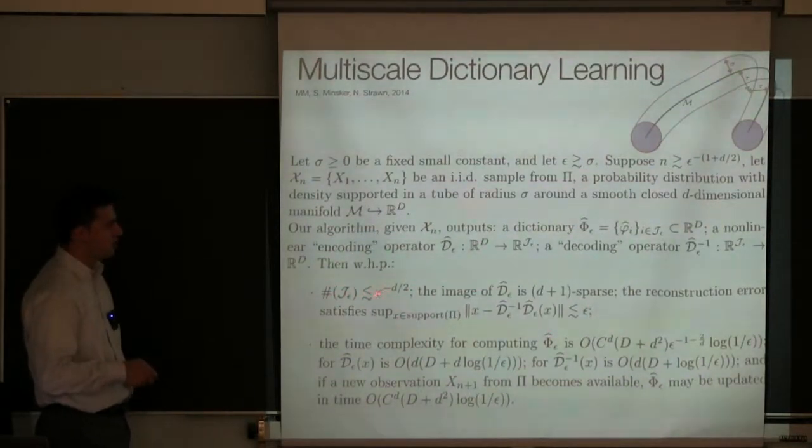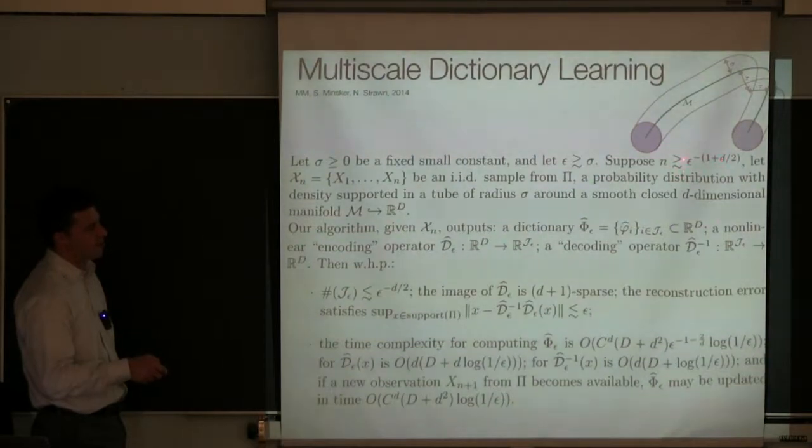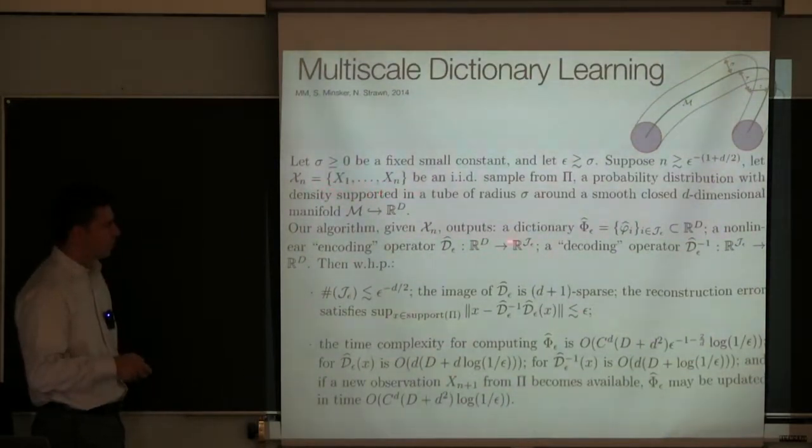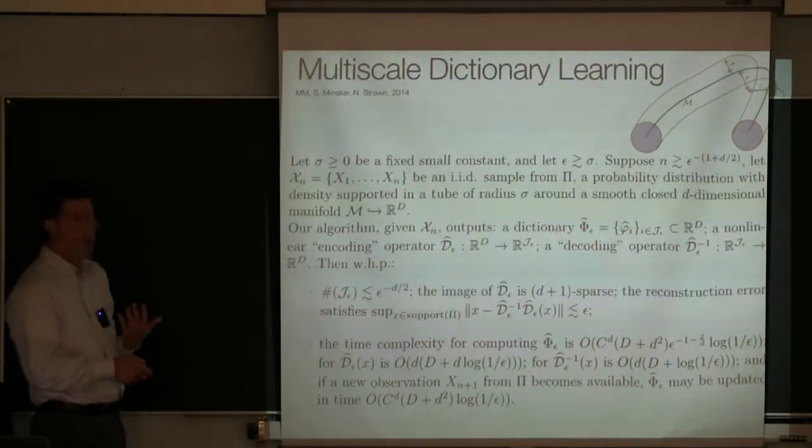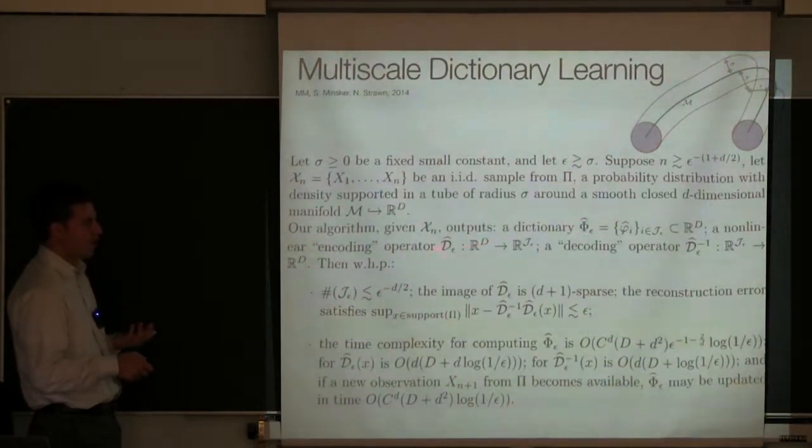And all of this holds as soon as the training set that you have is large enough as a function of the accuracy that you ask and the intrinsic dimension. Now, your training data set is random. So the algorithm runs on that, and the dictionary is random with the data. The encoding map is random with the data, and so is the decoding.